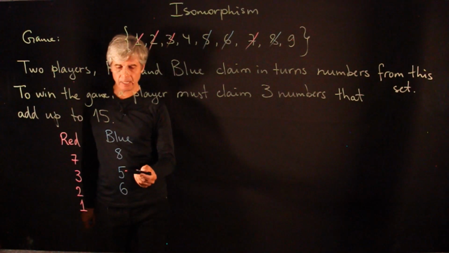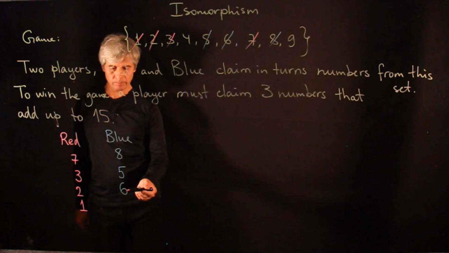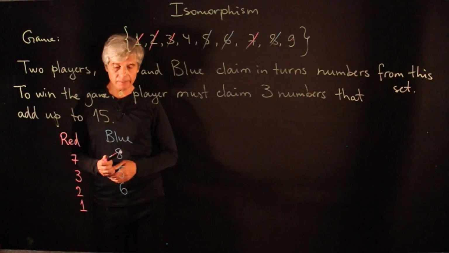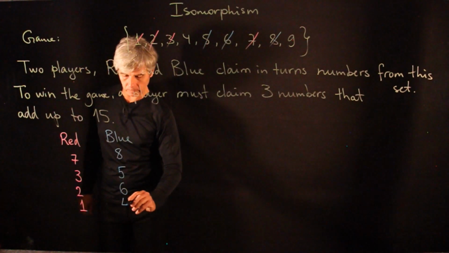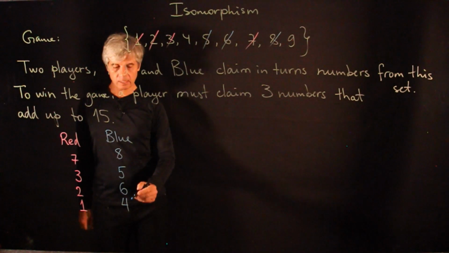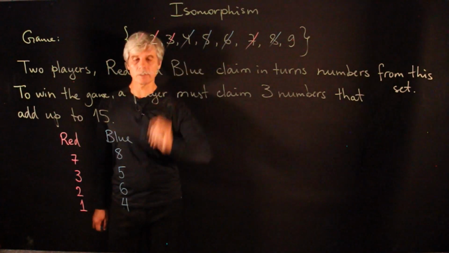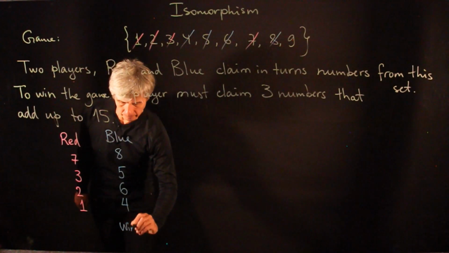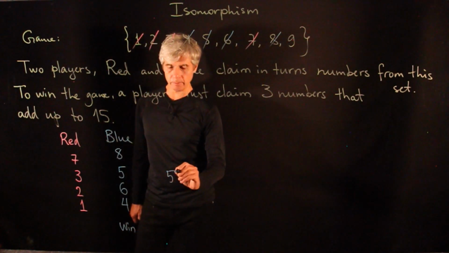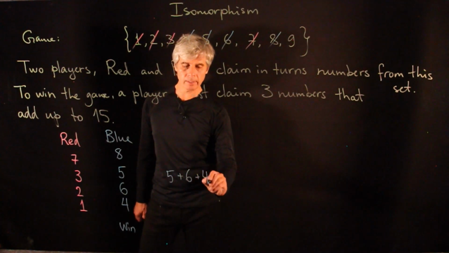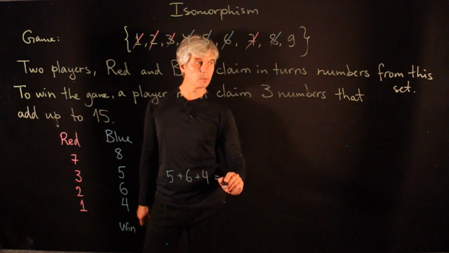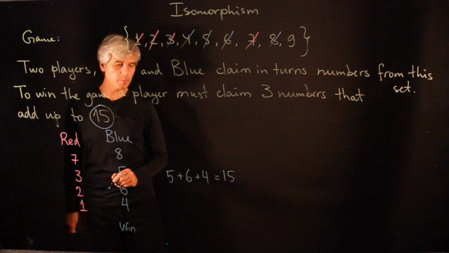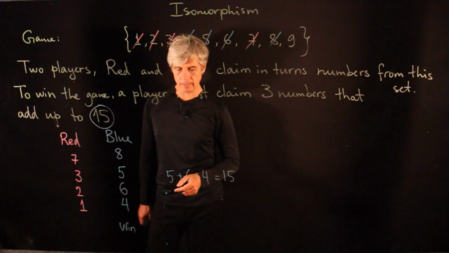But what do we have here? 5 plus 6 is 11, right? And 11 plus 4 is 15. So if blue claims 4, then blue wins, because 5 plus 6 plus 4 is equal to 15. So blue claimed 3 numbers that add up to 15.